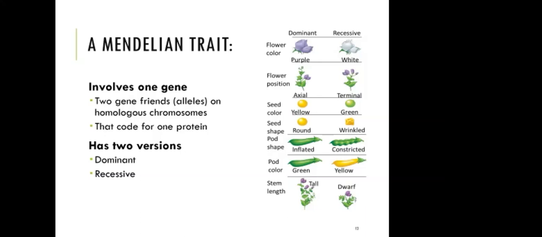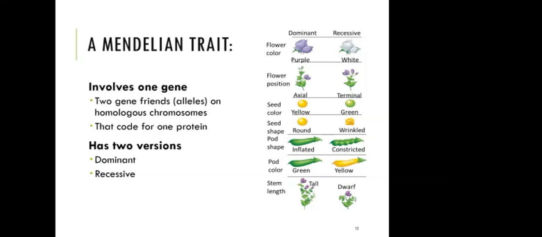So in the case of these pea plants, they're going to code for the protein that makes the color in the flower. So it may not be the pigment itself, it may be a mechanism that creates the pigment, for example. So one gene, two alleles, one protein.